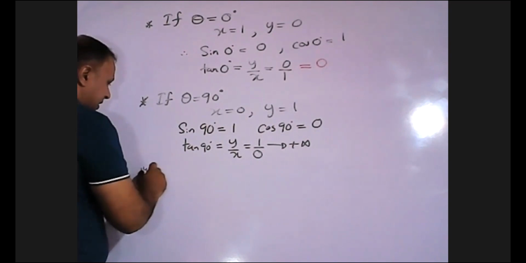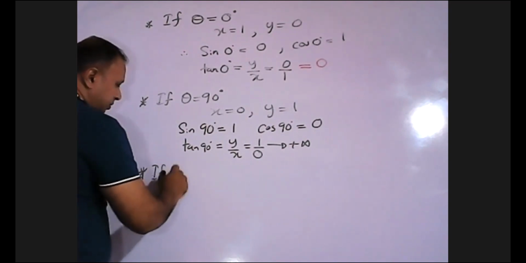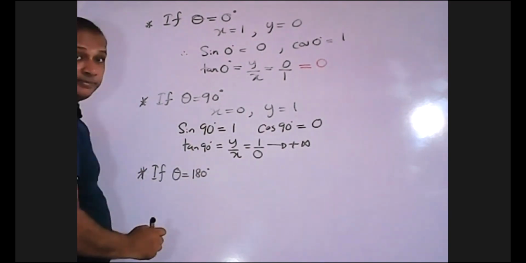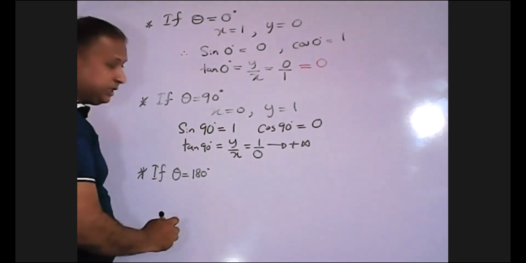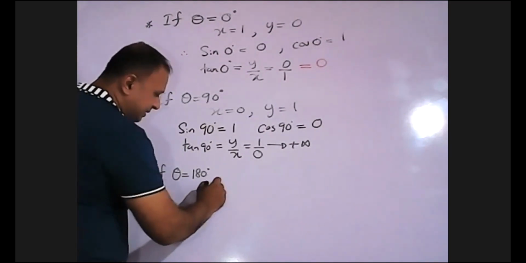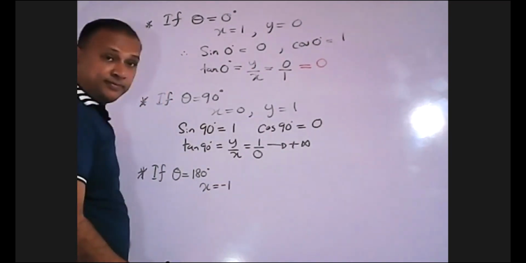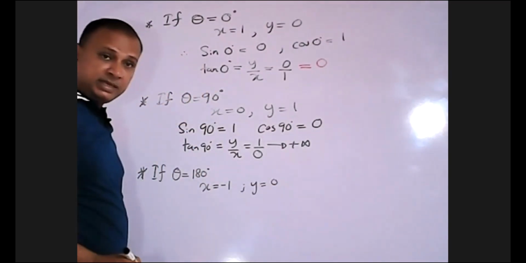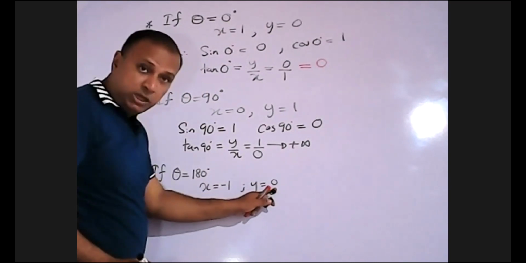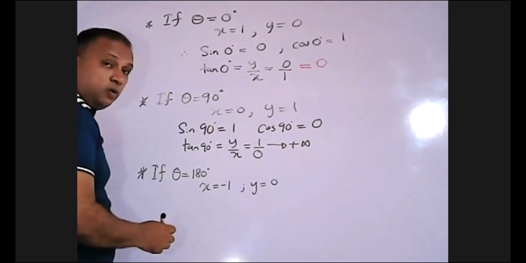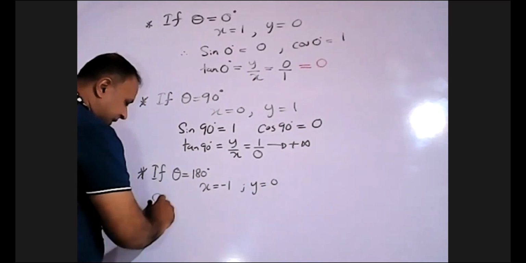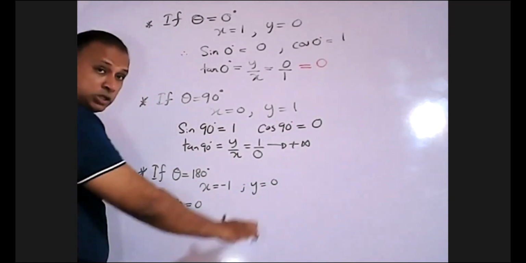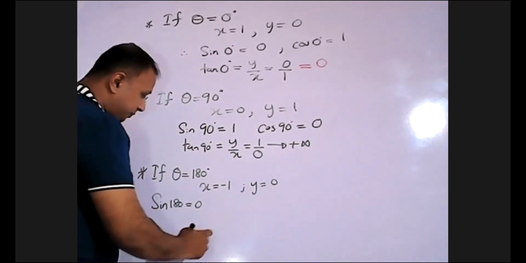Third star, if theta is equal to 180. If it is 180, the x value is equal to -1, the y value is equal to 0. As the y value is 0, the sin value should be 0. That means sin 180 is equal to 0 because the y value is 0.